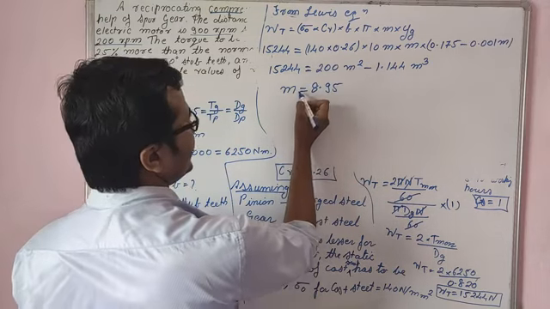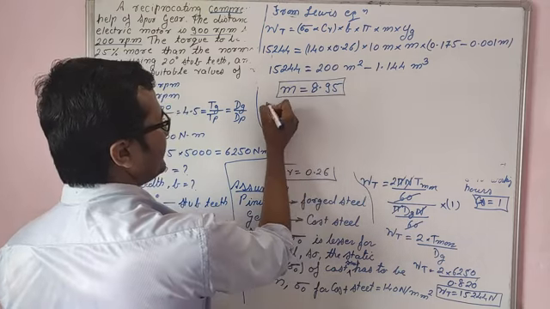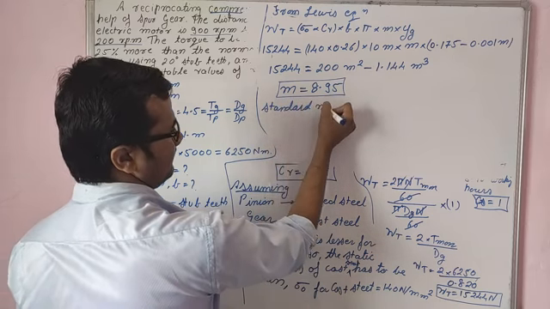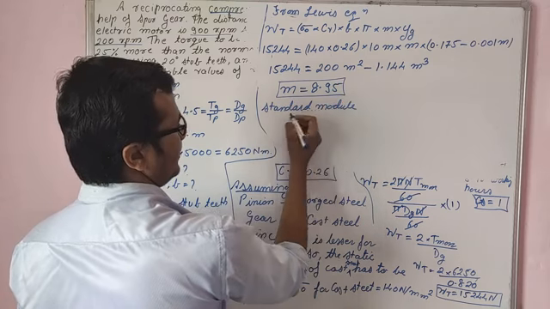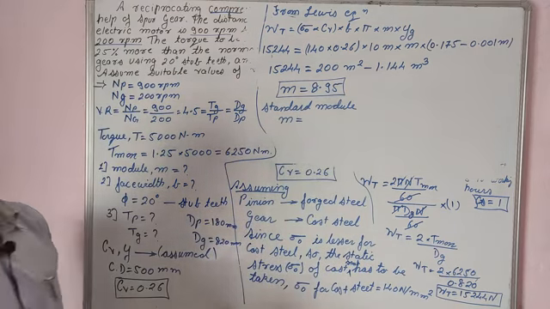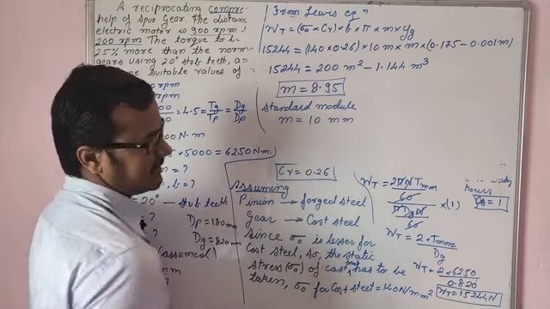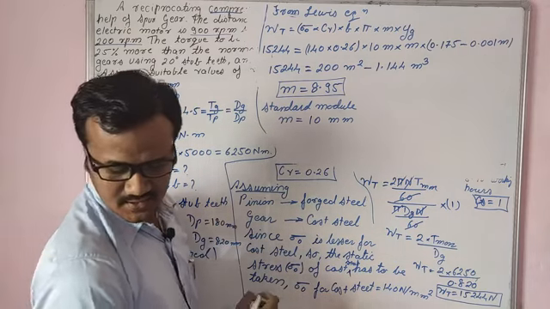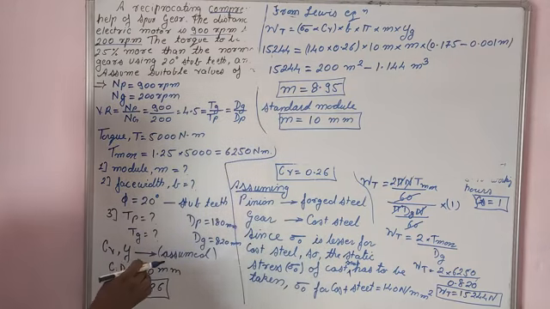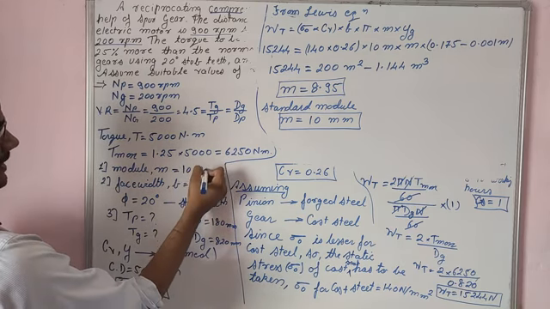Taking the standard module, we get module m equals 10 mm. This was one of the things we were supposed to find, m equals 10 mm.